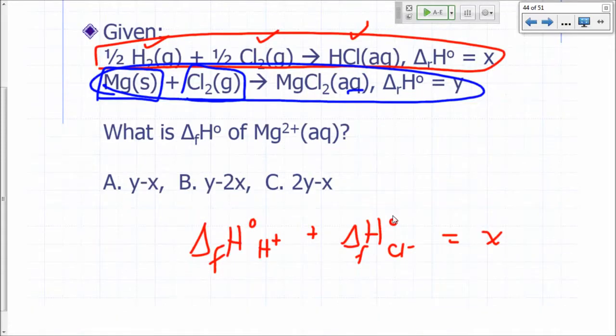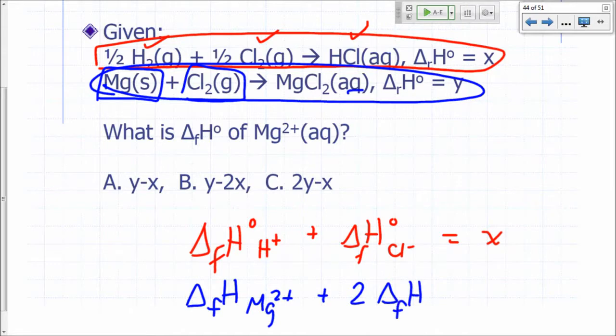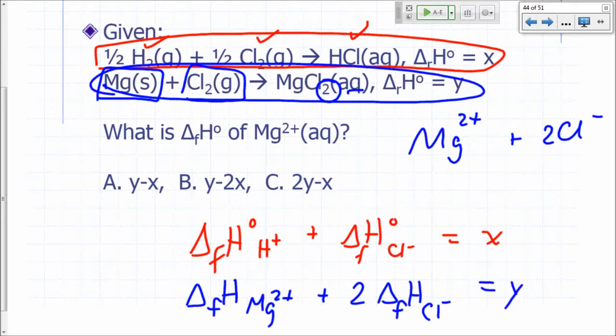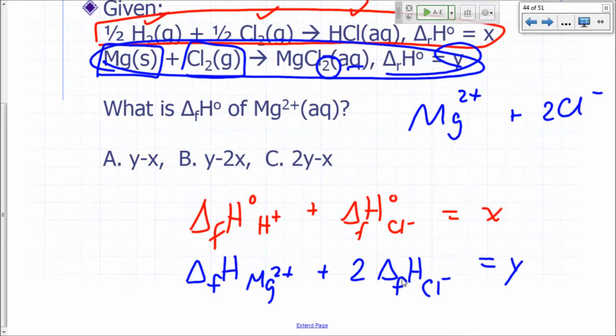So the second equation says delta H formation of magnesium ions plus 2 times the delta H formation of chloride ions, because magnesium chloride in aqueous solution is 1 magnesium and 2 chloride ions, must be equal to Y, if the delta H for this reaction is Y. Can I solve for the delta H formation of magnesium in terms of X and Y? What would it be? Is it A, B, or C?